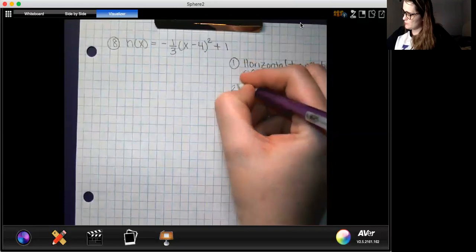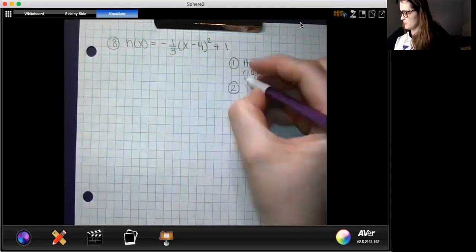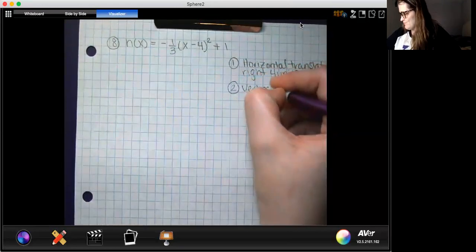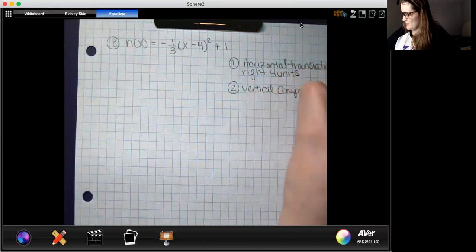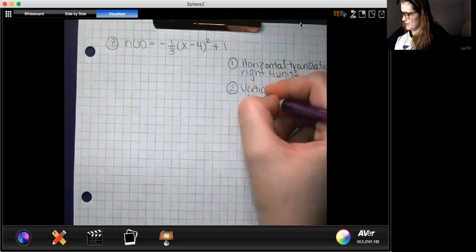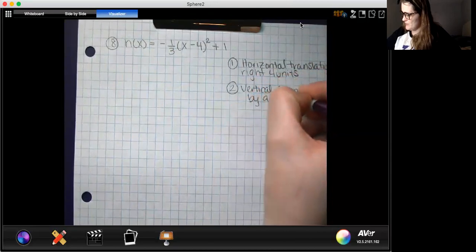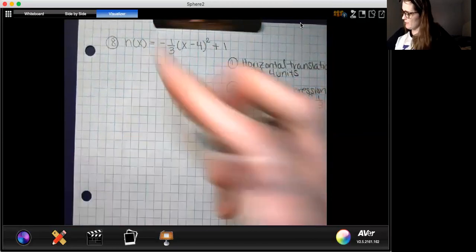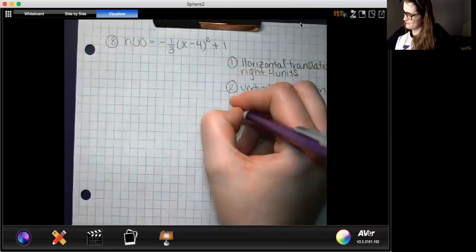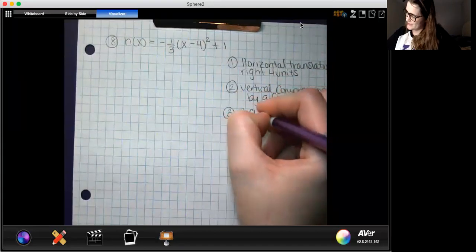Then number 2, we have our vertical compression by a factor of 1/3. Then we have our reflection over the x-axis.